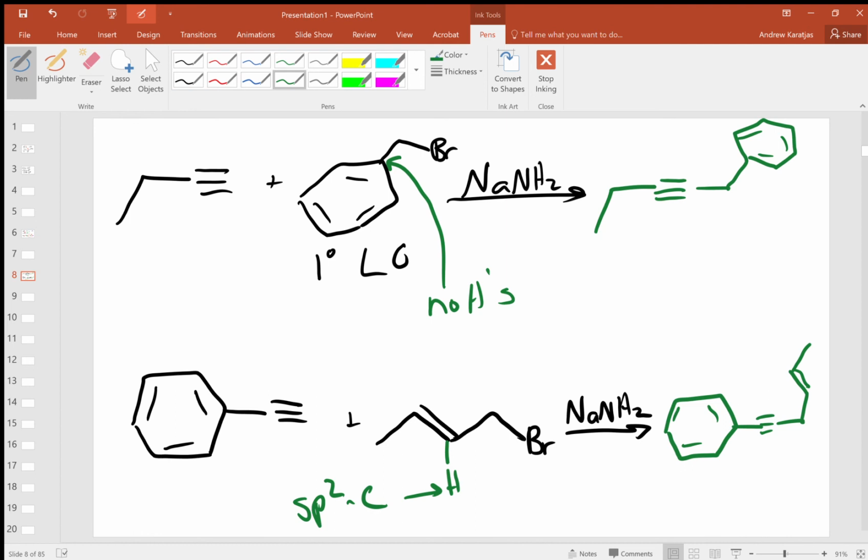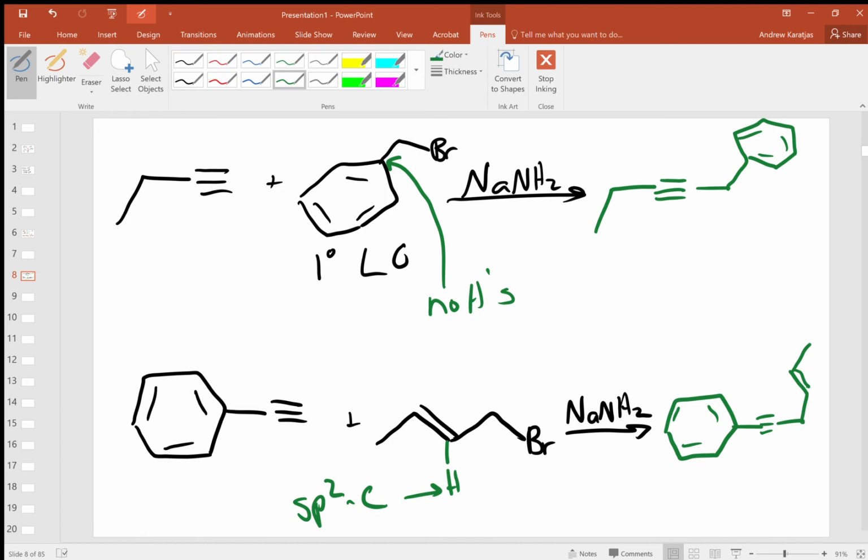Carbonyls are good electrophiles, and so those can prevent this reaction from working. Alcohols can be problematic. But the primary one that we want to avoid with an alkyne alkylation are carbonyls. Carbonyls have the ability to cause problems both because they're good electrophiles, as well as carbonyls can have acidic hydrogens in them.